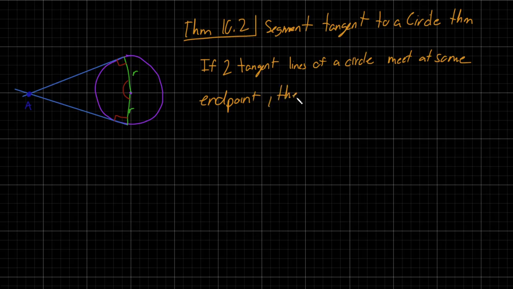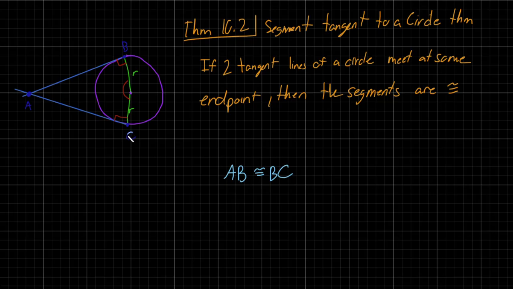Then the segments are congruent. So the segments that they're talking about here, let's label some. This point will be B, this point will be C. So they're saying AB is congruent to AC.